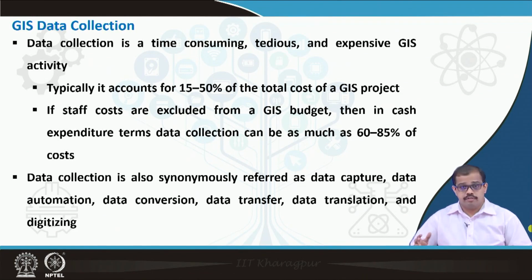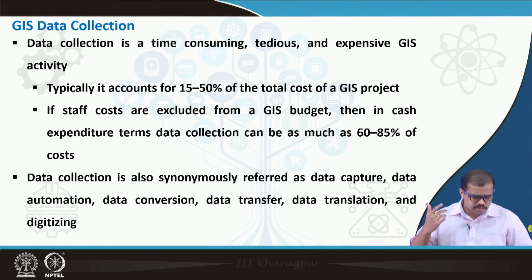If you take out the staff cost, the person who is actually collecting the data, almost 80 to 85% of the entire cost is in data collection. Anyone who is working with GIS will definitely tell you that the data itself is what matters, but you can get data yourself. It may not even cost more, because it will cost more only if you don't know the sources of actually getting the data.